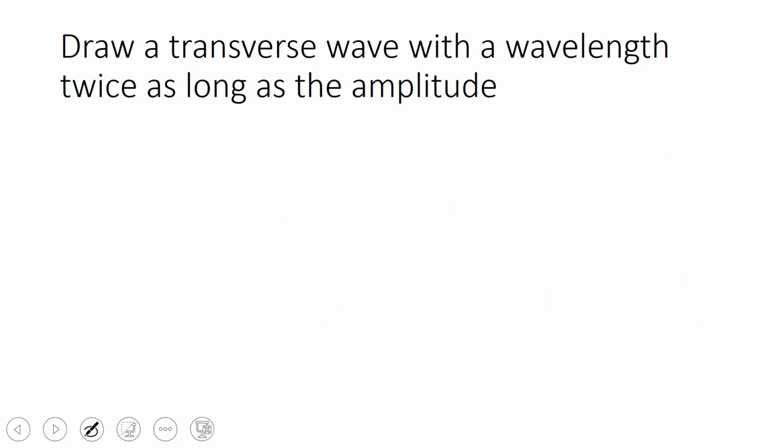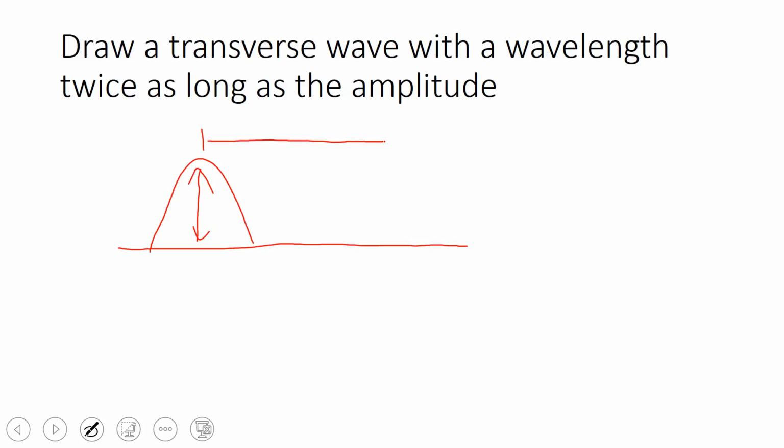Draw a transverse wave with a wavelength twice as long as the amplitude. So let's get this midpoint again. Here's our amplitude. And if we want something twice this long, we're going to want a wavelength that's about like this. It would be about twice as long. And so we've got to make sure we get back to our crest at that point.